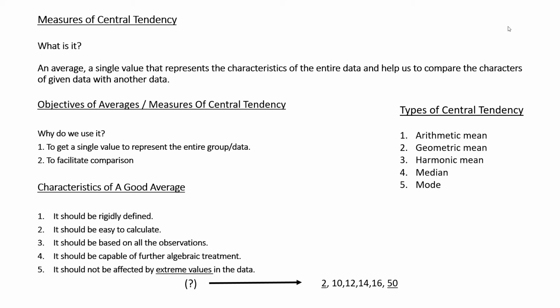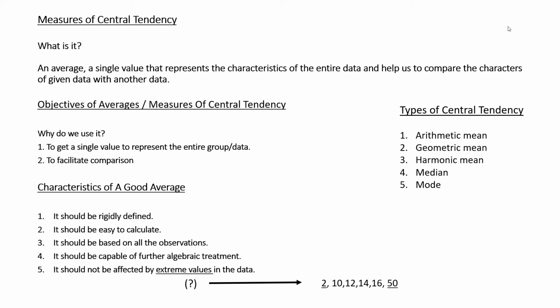In later stages of the class, we will find some other calculations where you will use your average, your arithmetic mean. So these averages should be very much handy and very much capable of further treatment, right?